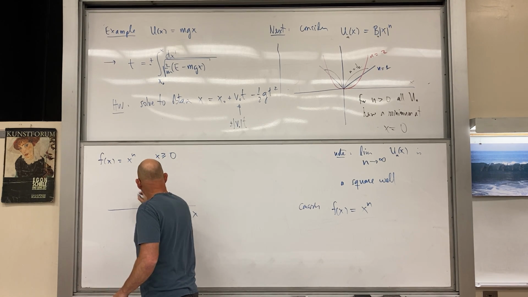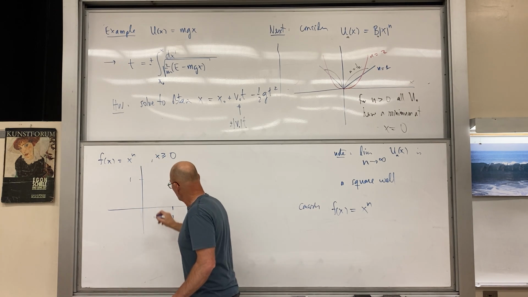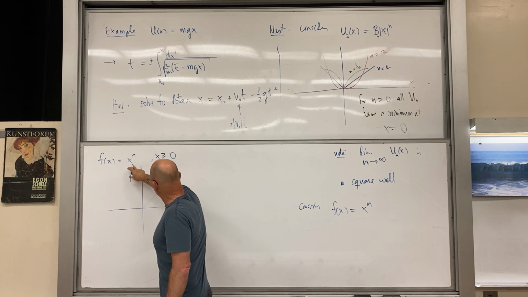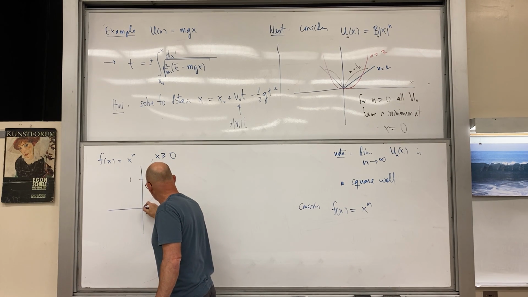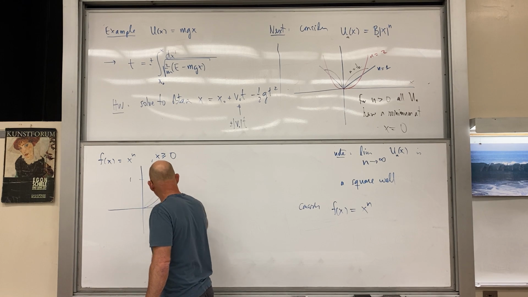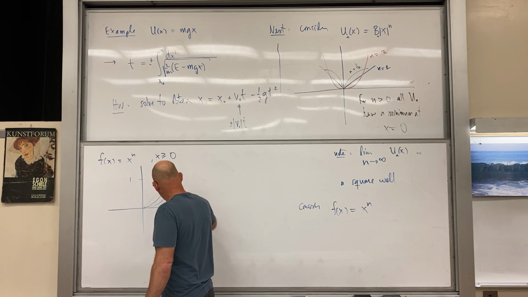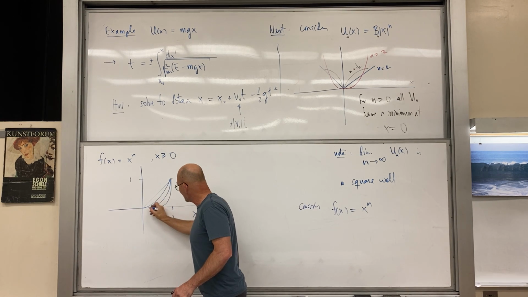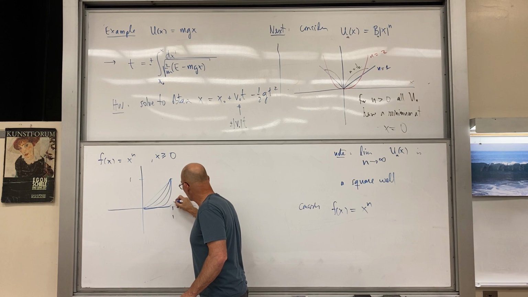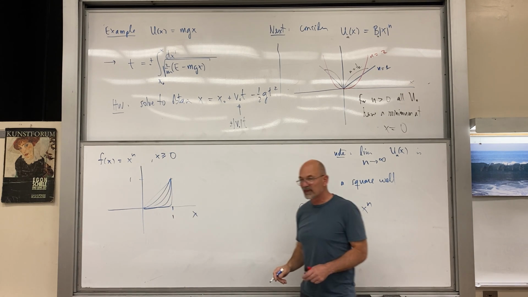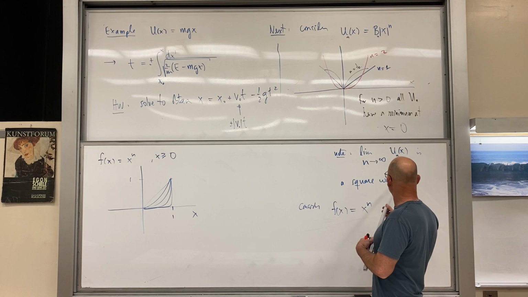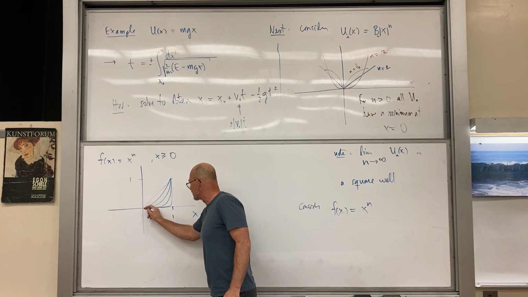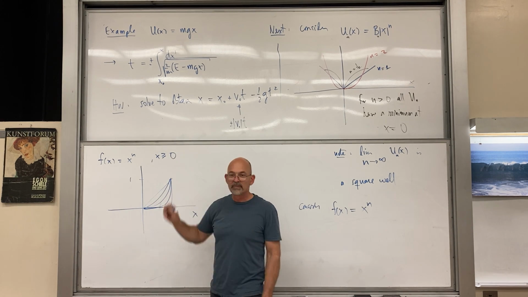In that case, here's 1 and here's 1. And n equals 1 goes through 1. For all of these, 1 to the n is equal to 1, right? So they go like this, and the higher the power, the flatter this gets. So you can always find an n big enough to sneak under any low value here you want. Okay, so that's what we're saying with approximating a square well. For n goes to infinity, this thing is arbitrarily flat and then shoots up.